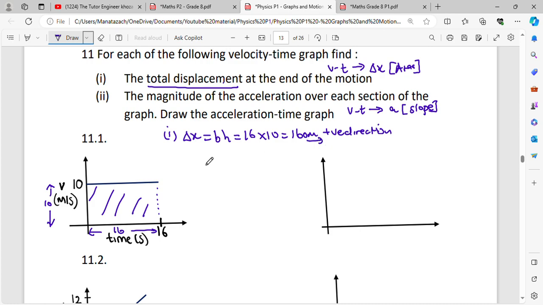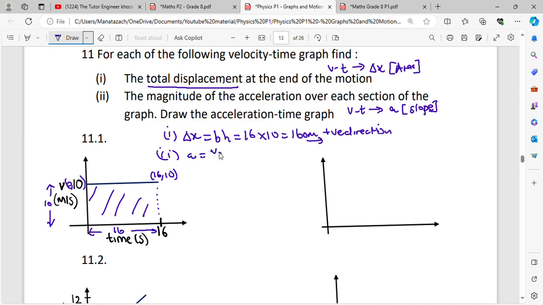Okay, so the second part of the question, you have to calculate the acceleration. That means you need the coordinates to work out the slope. You have 16 here, and then you have a 10 there, and then here the coordinate is 0 and 10.